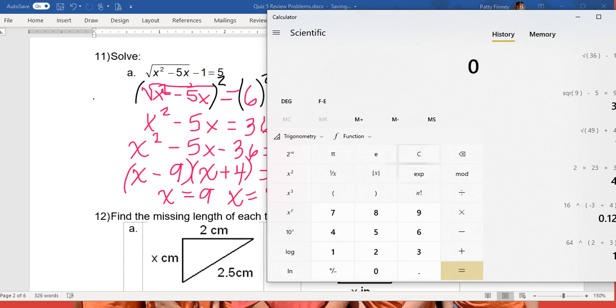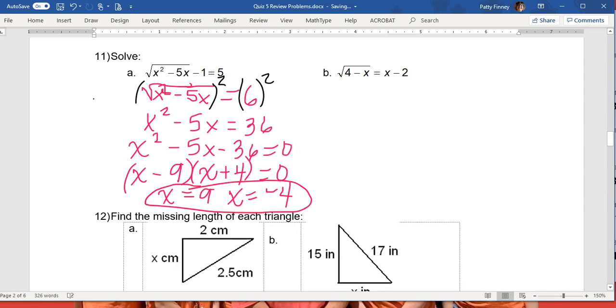Something happened here, I didn't have the 5 typed in. And then I want to take the square root of that, and then subtract 1. And did that work? That worked. So that means both of these are going to be answers.